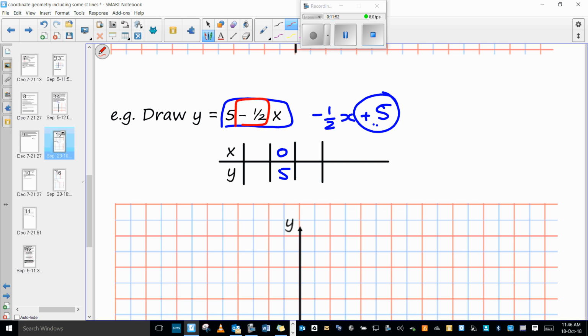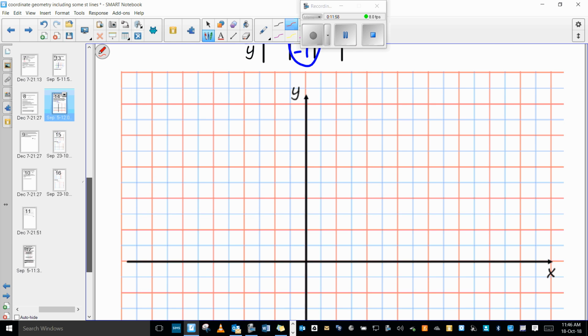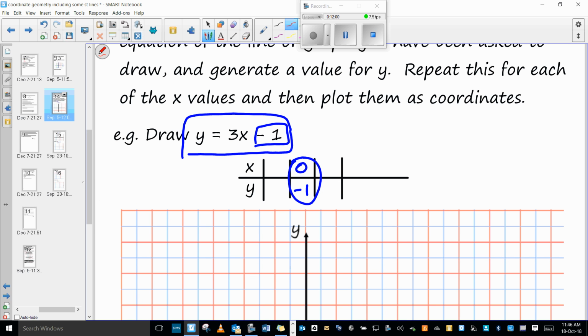What we need to be careful of is that we're not saying things like the first term. The important thing is that the coefficient of x gives us our gradient. So the gradient is always determined by the number in front of x, or the coefficient of x, and the y-intercept is determined by that final number.